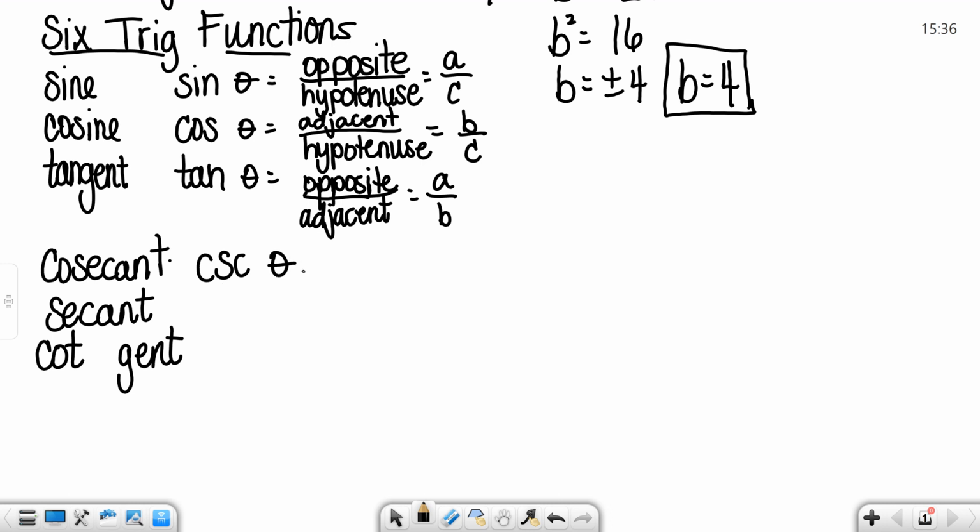So the cosecant of theta. The secant of theta would be SEC, and then the cotangent of theta. All right, so there are those symbols. Now, the good thing about these 3, I'm going to space them out just a little bit better for me to work with.